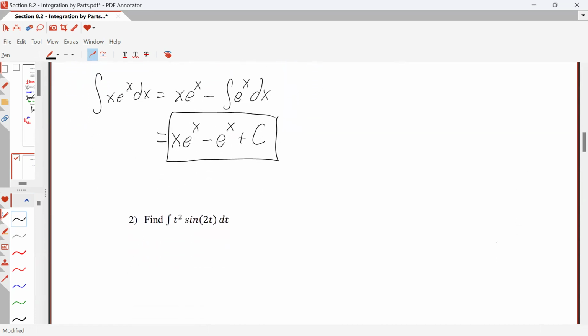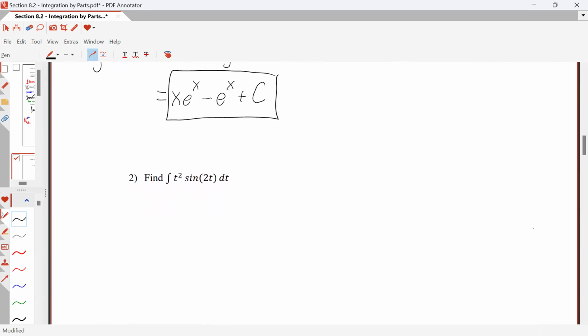Taking a look at a second example, suppose we want to find the integral of t squared sine 2t. Using our integration by parts formula, we need to identify a u, a dv.